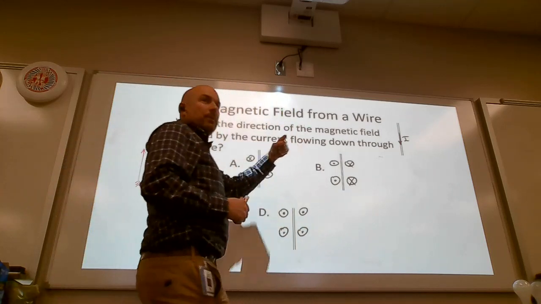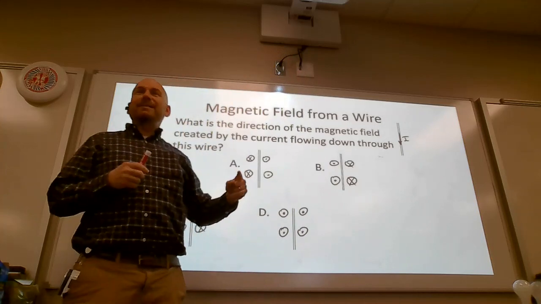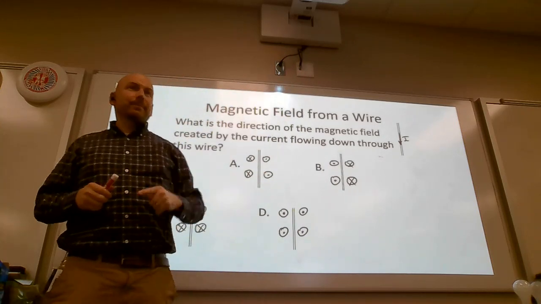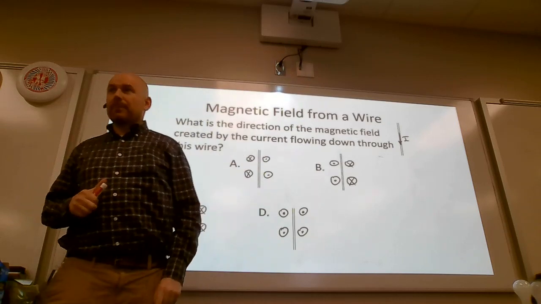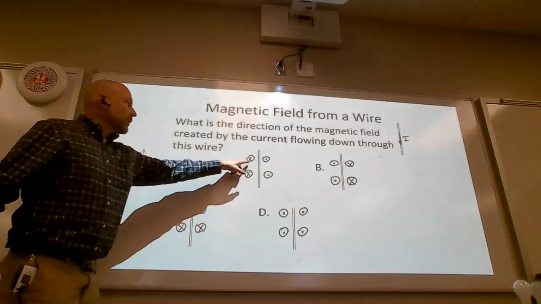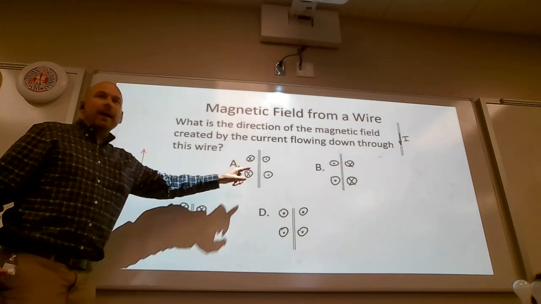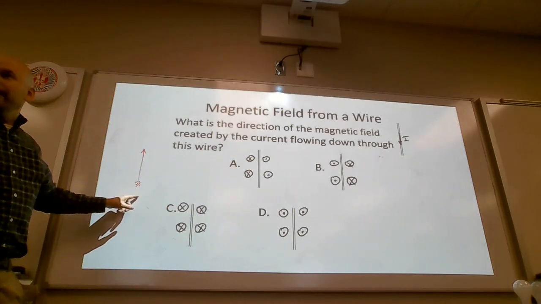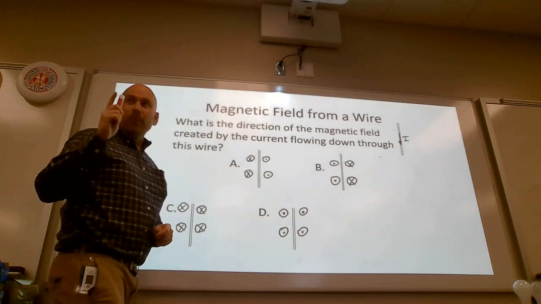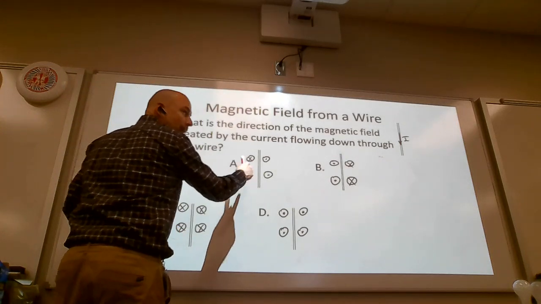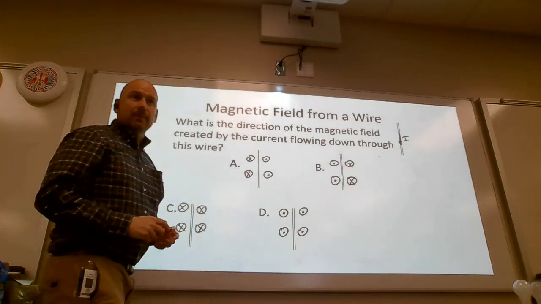We say that is out of the page, or out of the board. The circle with the X's are the tail feathers as the arrow flies away from you. We say into the board or into the page.